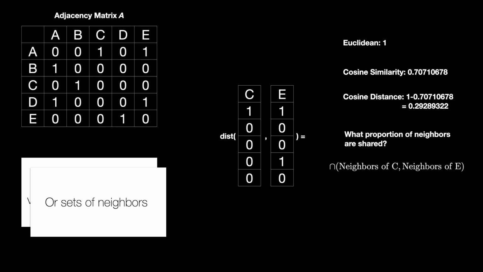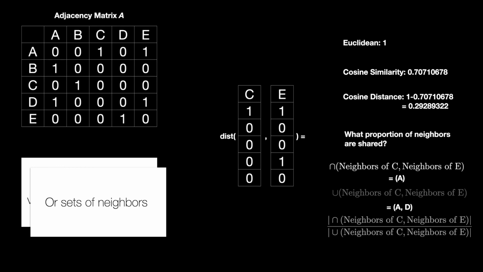So we have really just A. Both of them share the neighbor A. And we want to normalize that count by the number of possible neighbors that they could have. So we take the union of all neighbors of columns C and E. That's really A and D, because those are the only two nodes that are connected to C and E.